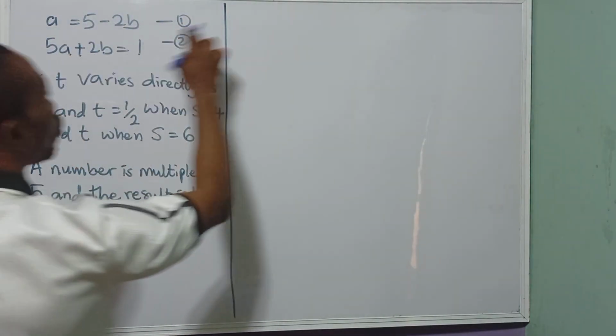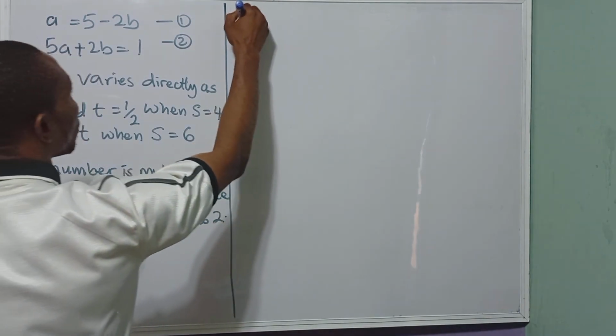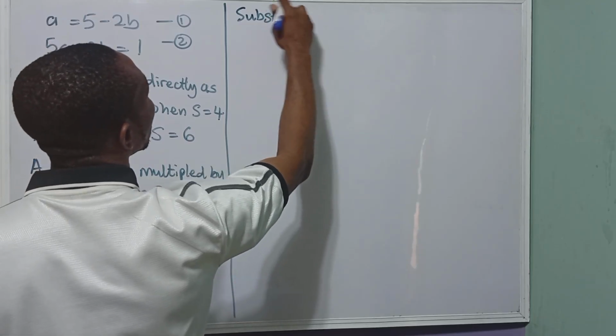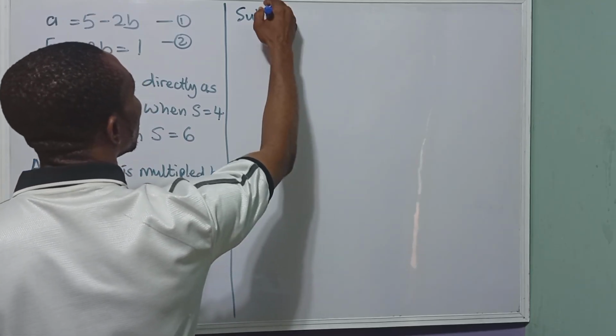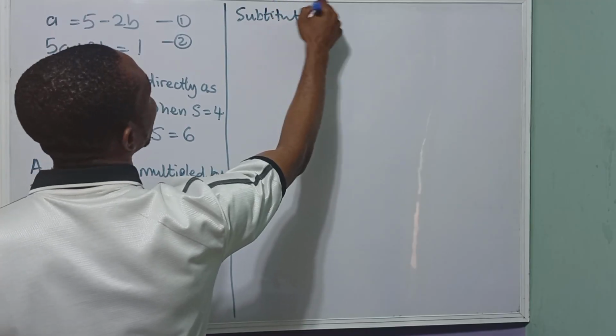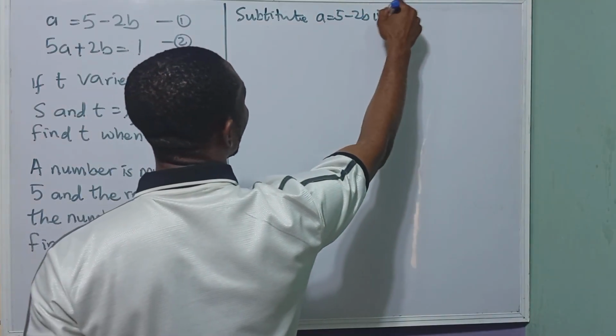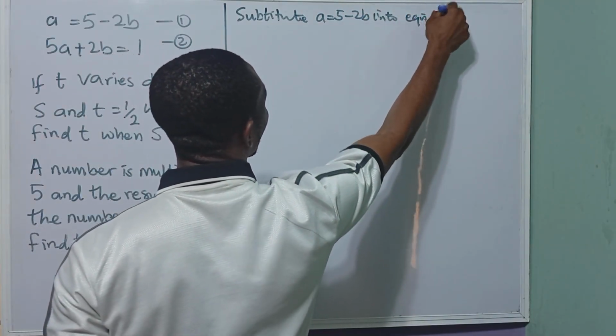So substituting into equation 2, we say substitute A equals 5 minus 2B into equation 2.